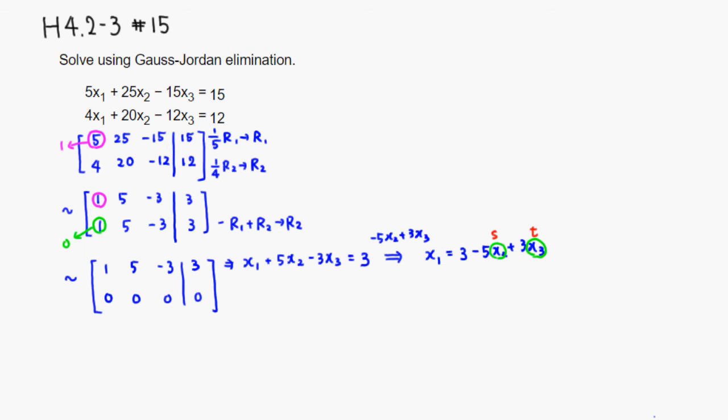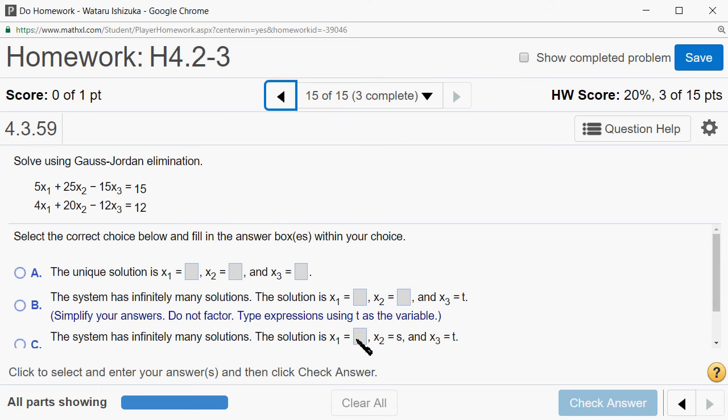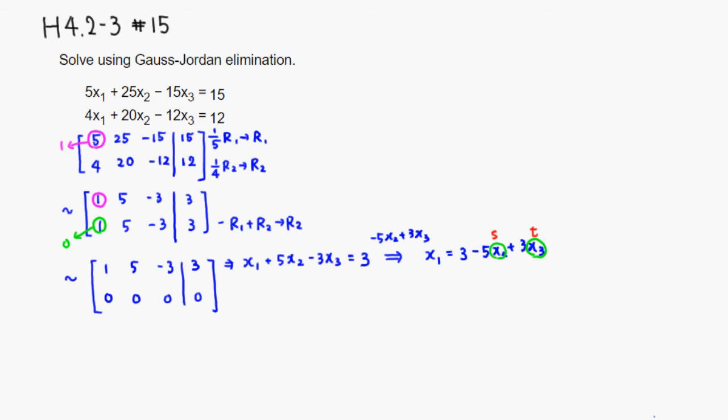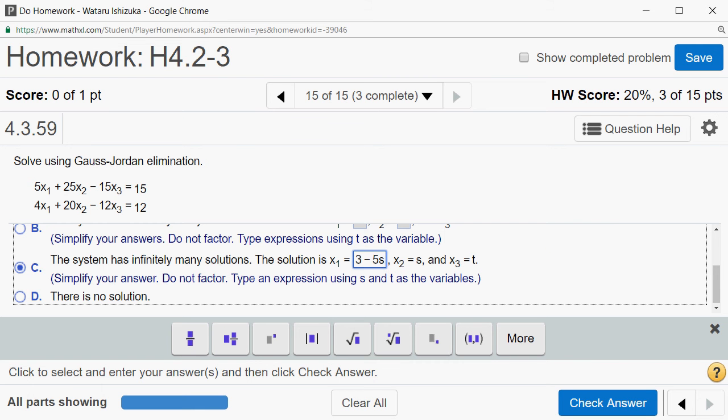So let's type it in. We have a 3 right here, then 3 minus 5s, and then I forgot the plus 3t. So plus 3t. That's the answer.